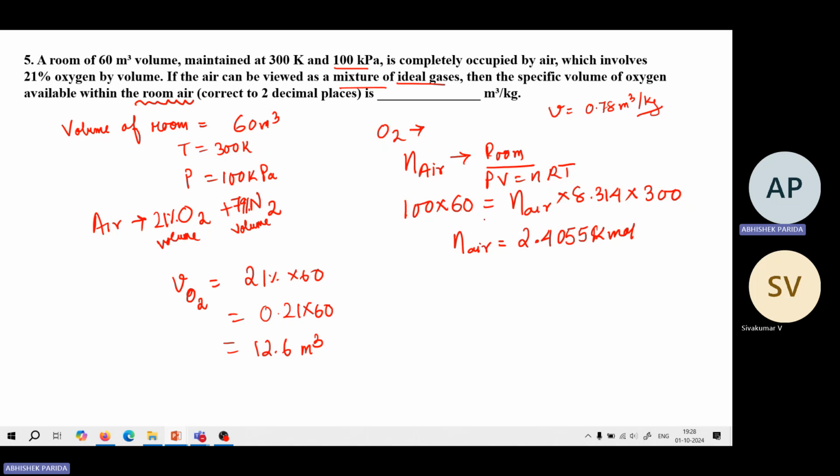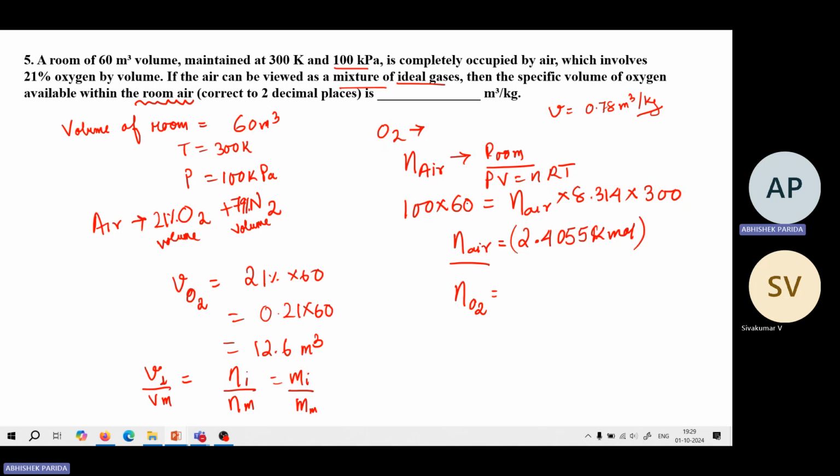We have the total number of moles of air. Out of this we can calculate the moles of oxygen, because for the volume fraction we know that Vi by Vm is equal to Ni by Nm.